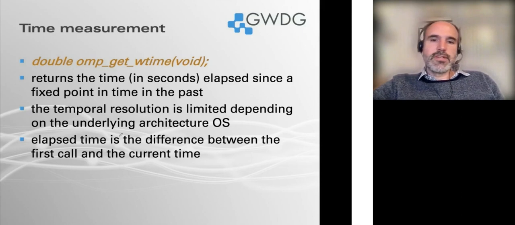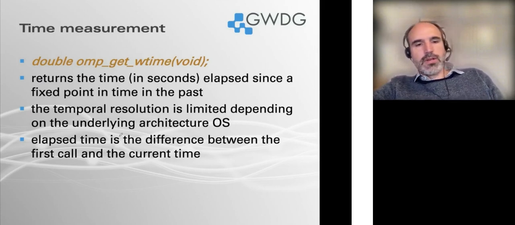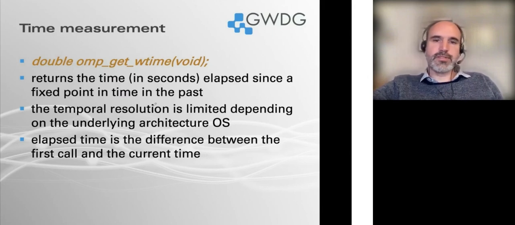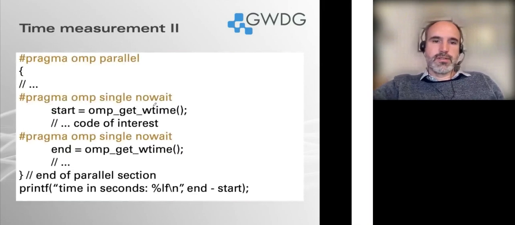But if you're interested in the elapsed time between two points in your code, you can call this function twice and compute the difference, and then you don't mind about the point in the past. You have just the delta of time used for your code, in seconds. So if you call wtime twice, you get the time of your code.